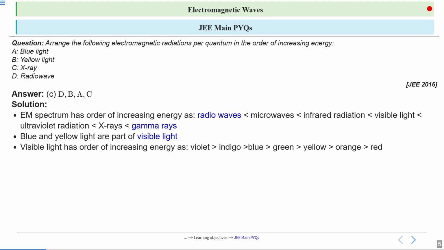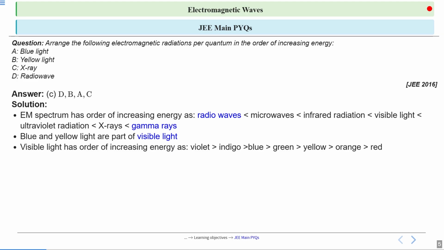Violet of visible light is towards ultraviolet radiation, and the red region of visible light is towards infrared radiation. Since ultraviolet radiation has more energy, violet light, which is near the ultraviolet range, will have more energy than the red light.